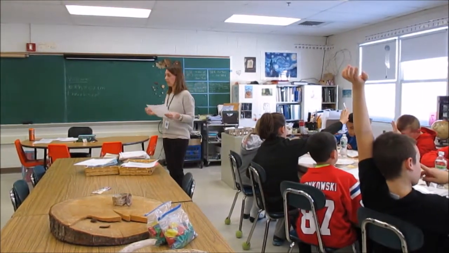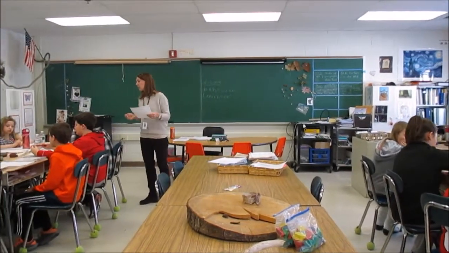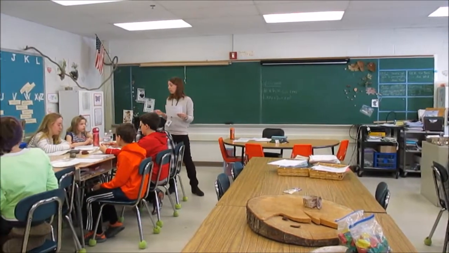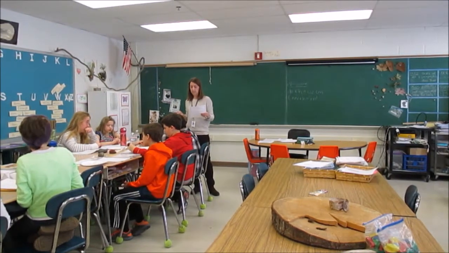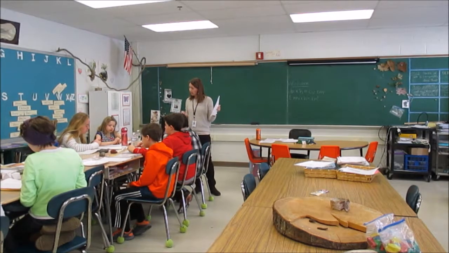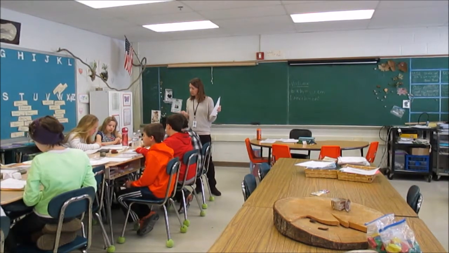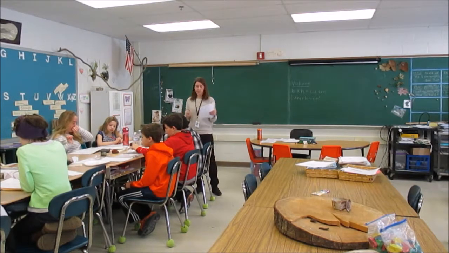Number 6. Who's got number 6 for me? Anna, you're number 6? Okay, that's fine. 40 centimeters cubed. Can you glance down at that model and take a guess at what it was? Yeah, you can do 5 times 4 times 7. Perfect.